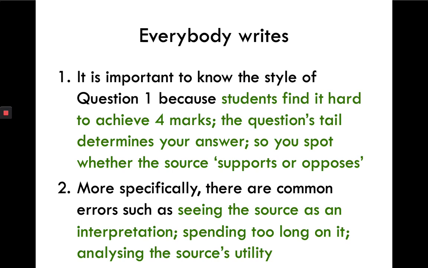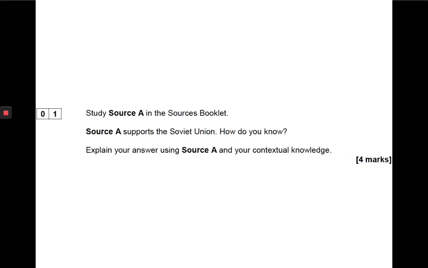So let's have a look at what a question looks like finally. You'll see they will always look like this, except, as we'll come on to, the tail of the question will be the thing that is different, as well as just the wording before it.